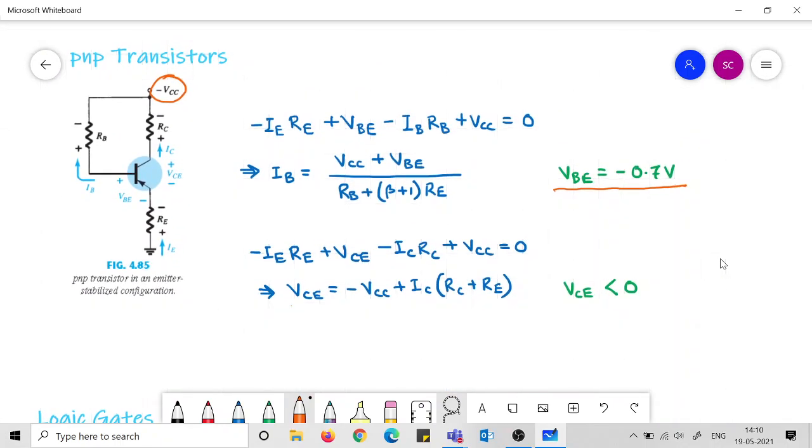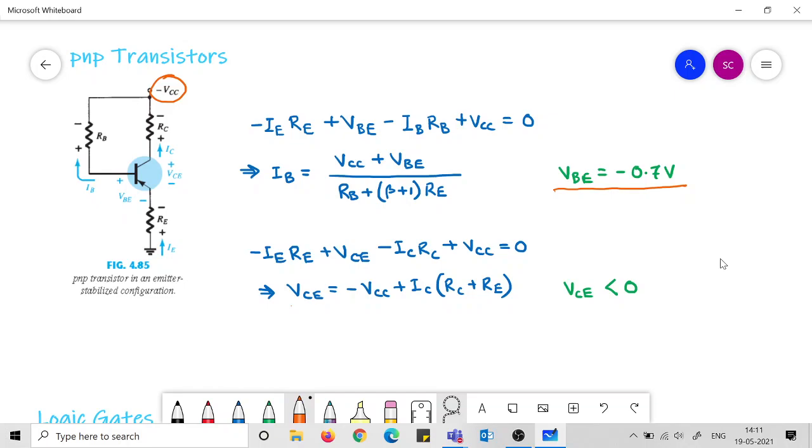So when you now evaluate the VCE, you will see that this term is dominant over this term. This is very easy to understand because this is the supply voltage and these are the drops in the voltage loop. So obviously the drops cannot be more than the supply voltage.